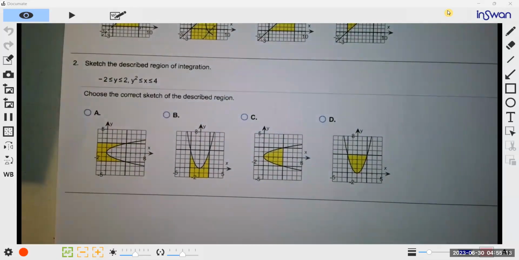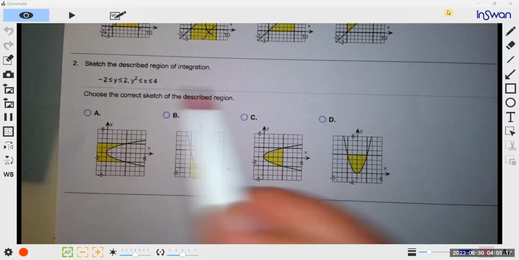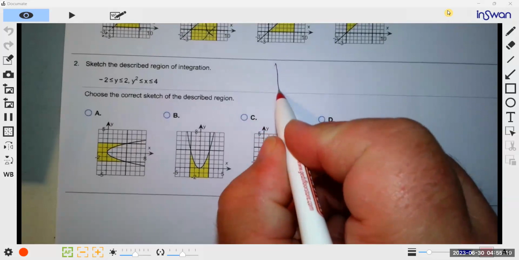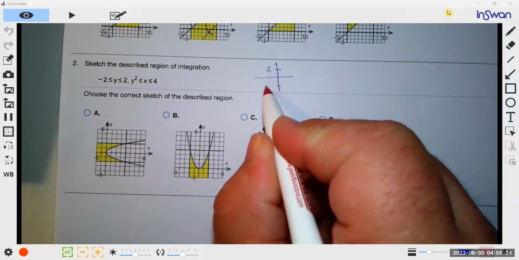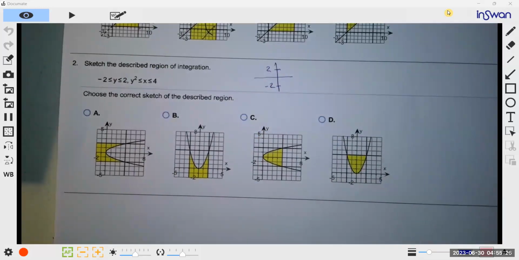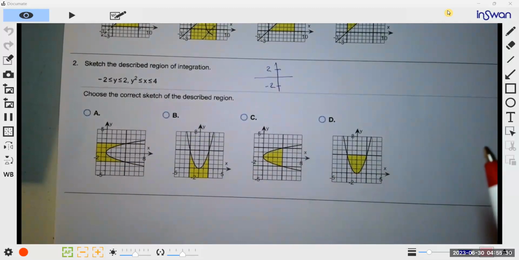Right, now the next one. Y goes from -2 to 2. And x goes from y squared to 4.